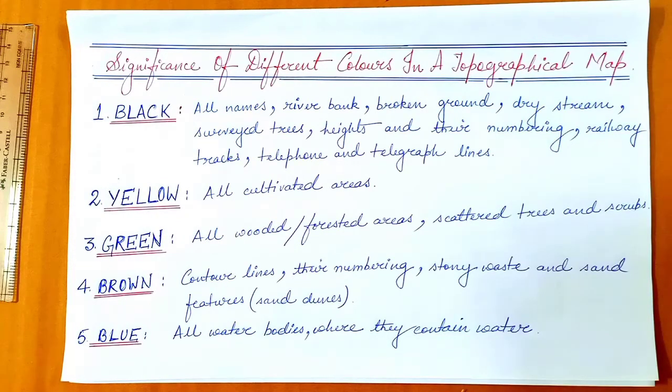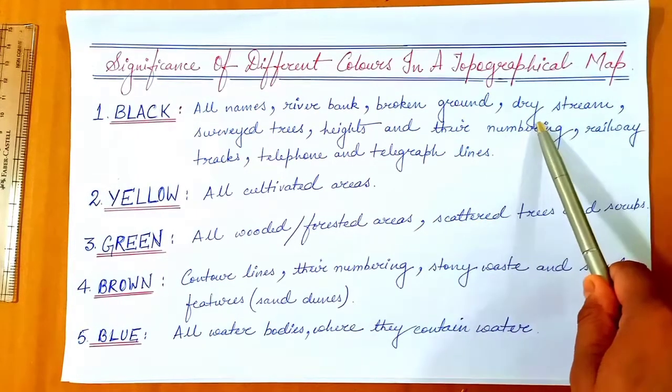When a particular season experiences rainfall and there is a season when it is dry, there is no rainfall. So in that dry season, the land around the river gets cracked.